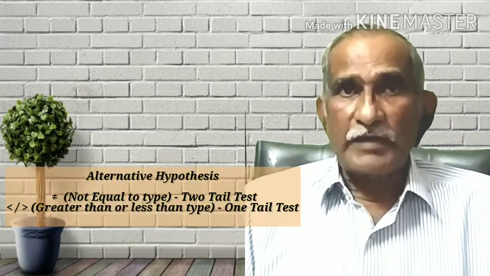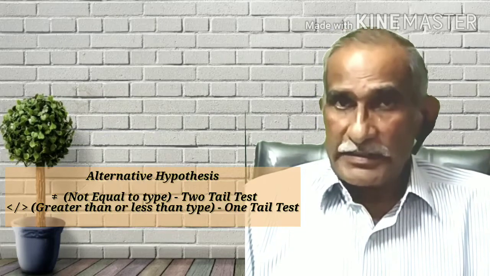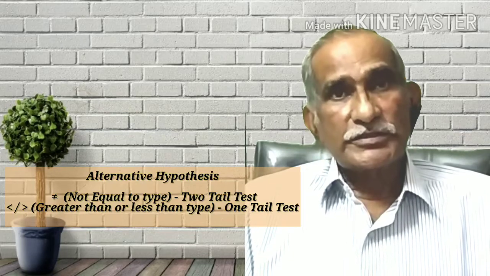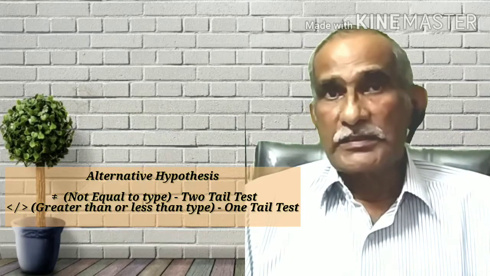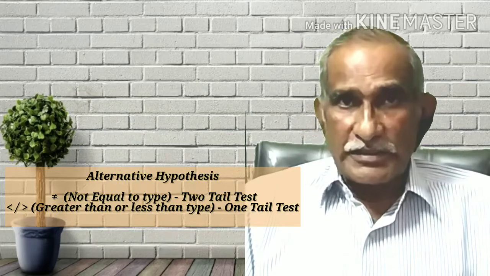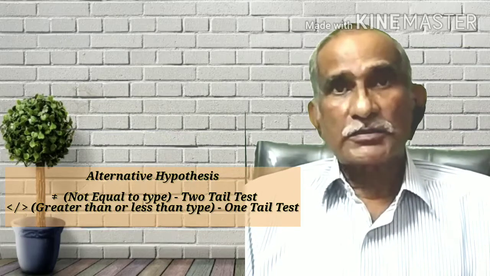If the alternative hypothesis is not equal to type, then we call it two-tailed test. And if the alternative hypothesis is either greater than or less than type, then we call it one-tailed test. So our test would be either two-tail or one-tail.